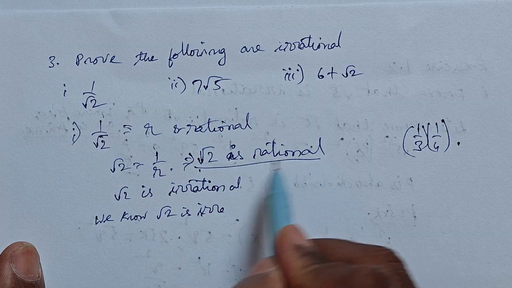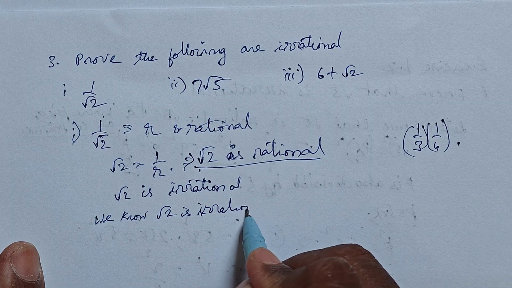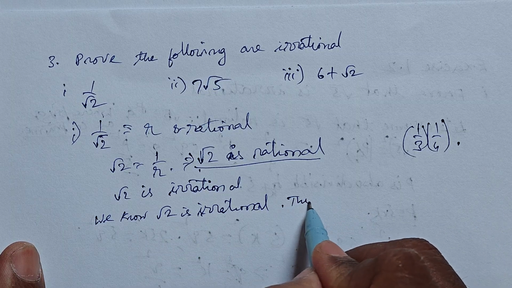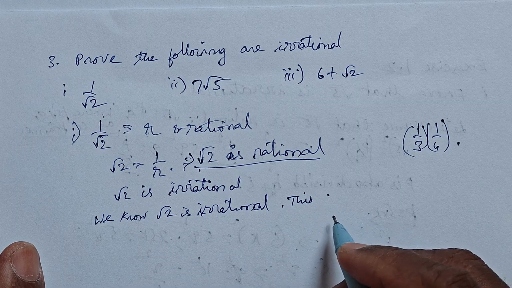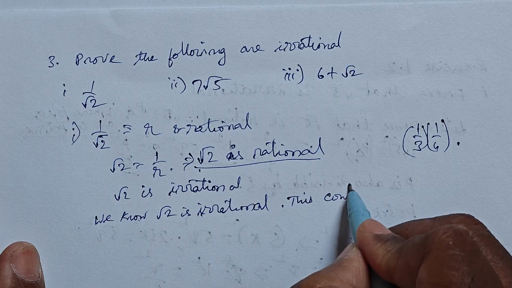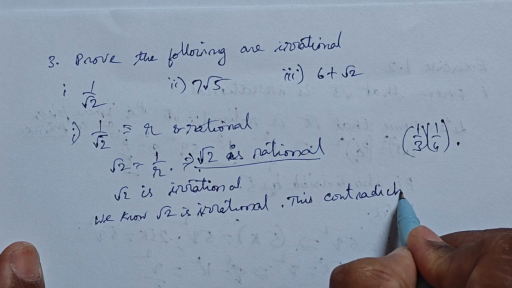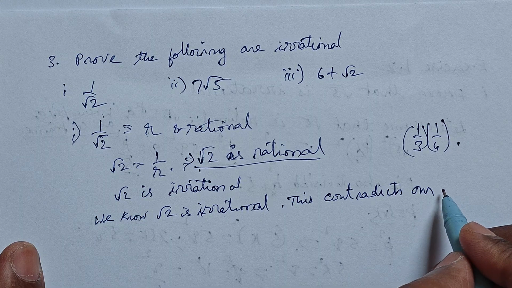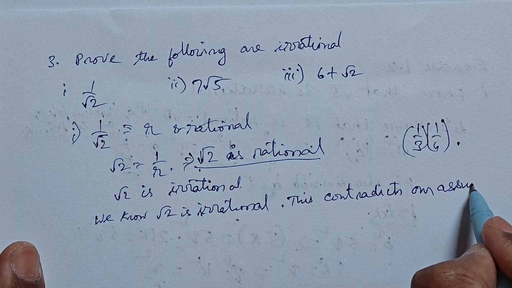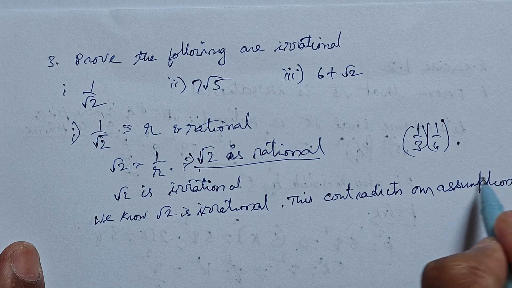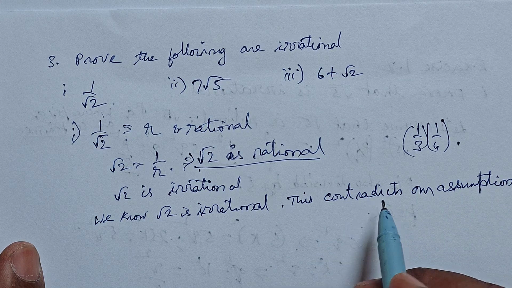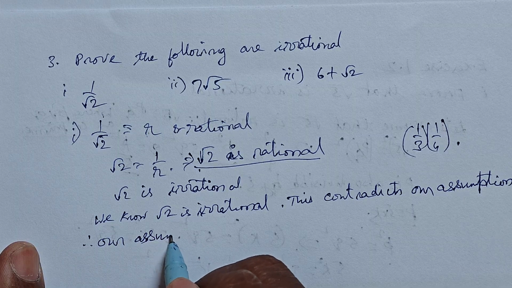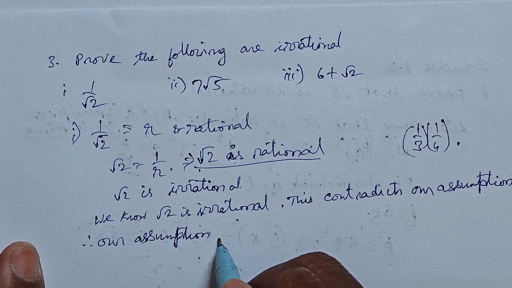But here we got root 2 as a rational because we wrote it in the format 1 by r. This contradicts our assumption, or our assumption contradicts that root 2 is irrational. Therefore the already proven things are correct, but our assumption is wrong.